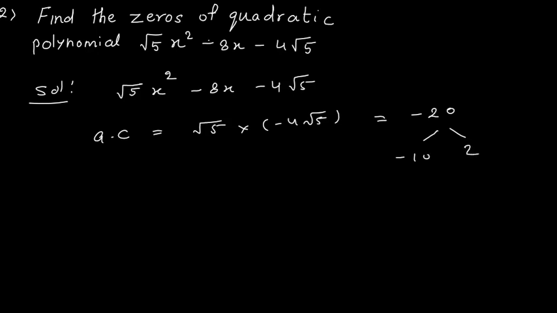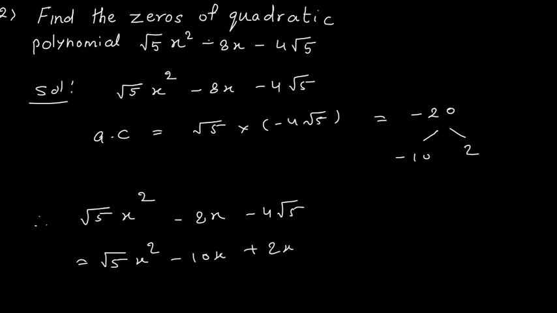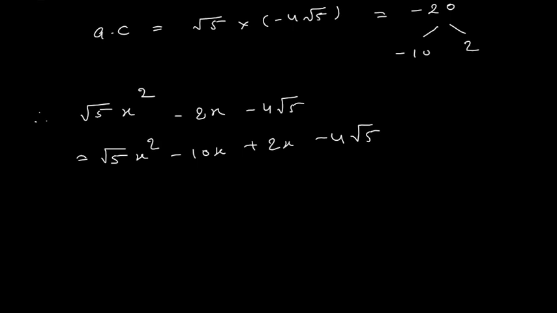So therefore I will say that this root 5 x square minus 8x minus 4 root 5, you can write as root 5 x square minus 10x plus 2x minus 4 root 5. Now you can take x common, so take x common, you get root 5x here minus 10, then you take 2 common from here.